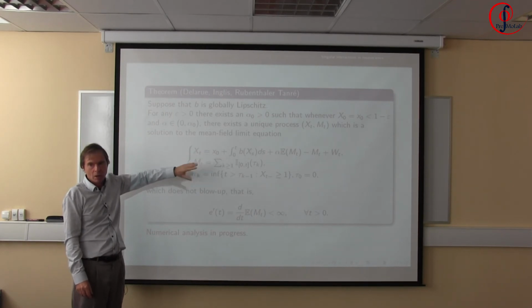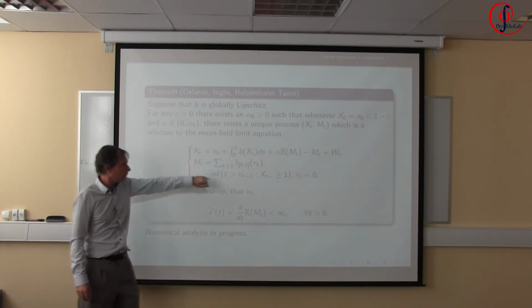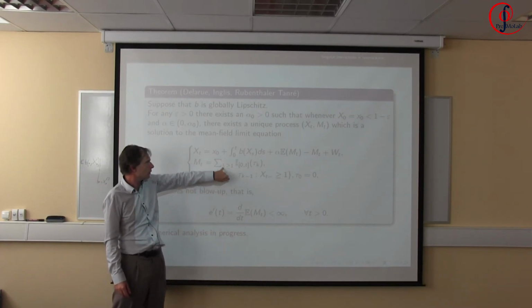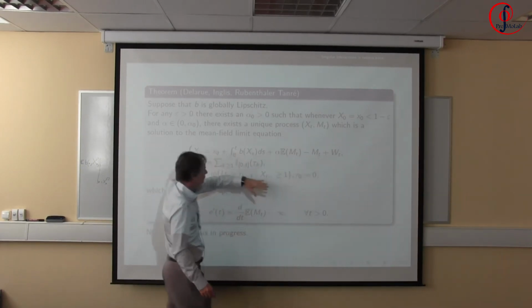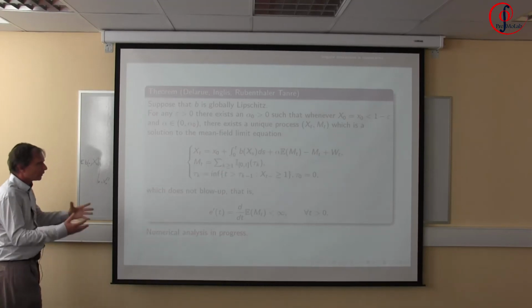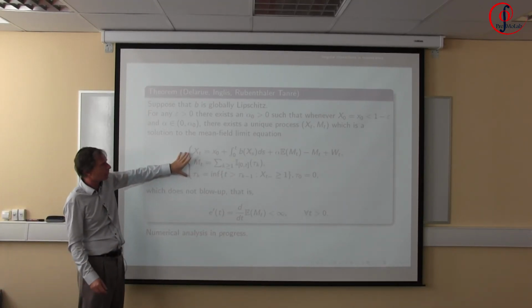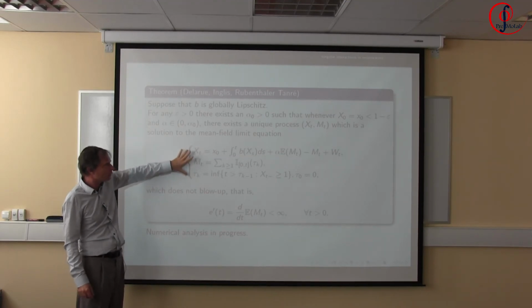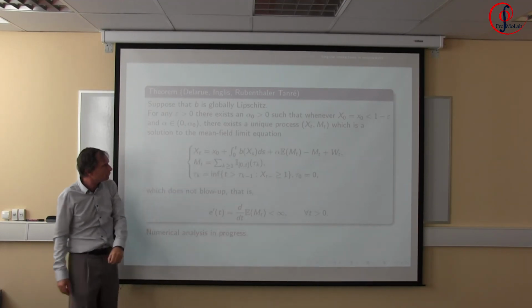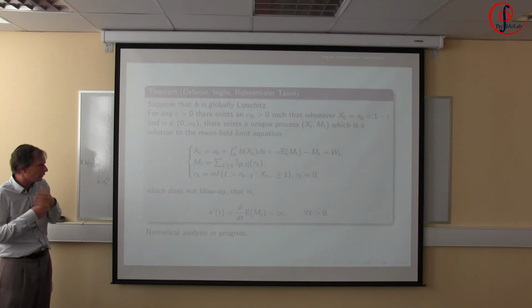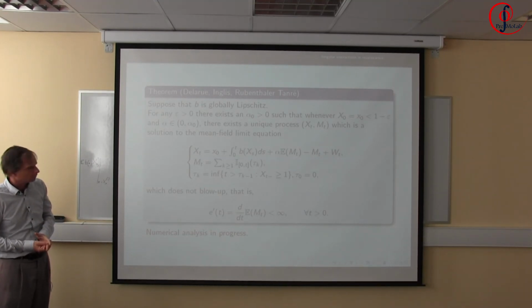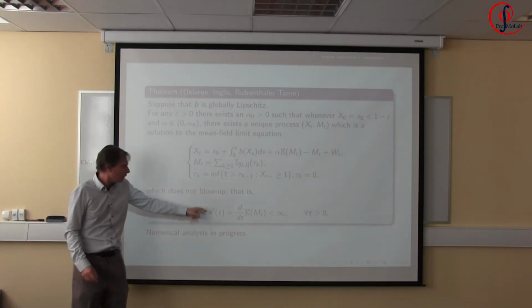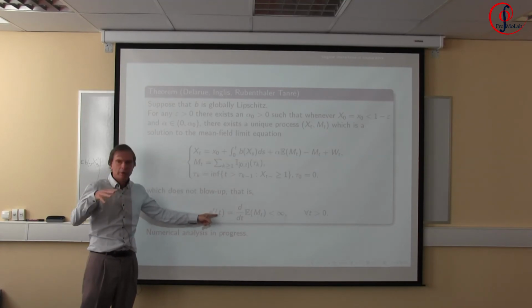The boundary equals 1? Yes. So the limit system spikes. The particle system propagates chaos. The mean field limit is well defined. And for all t, there is no blow-up. And there is the PDE explanation.